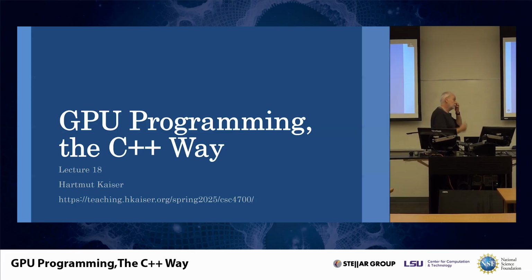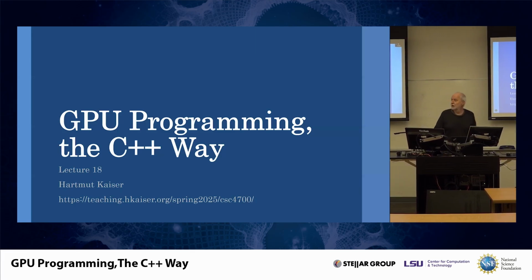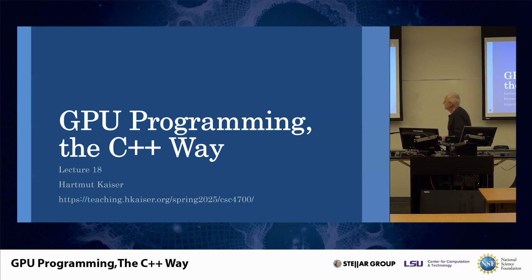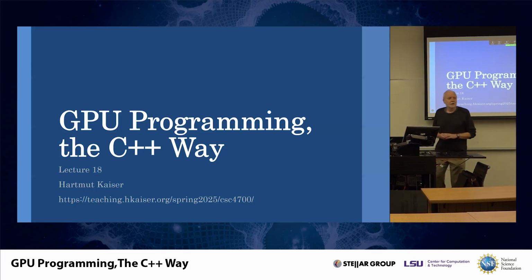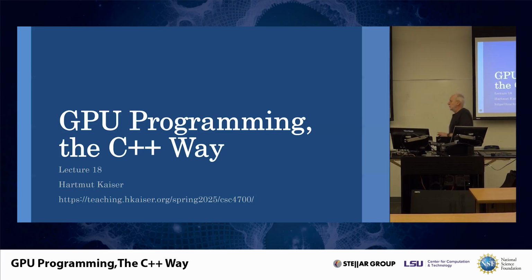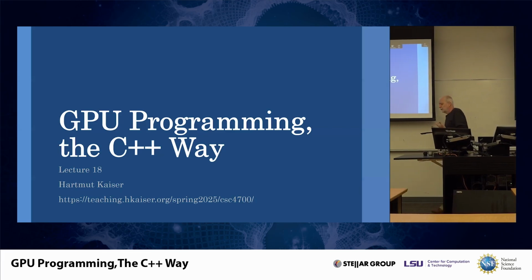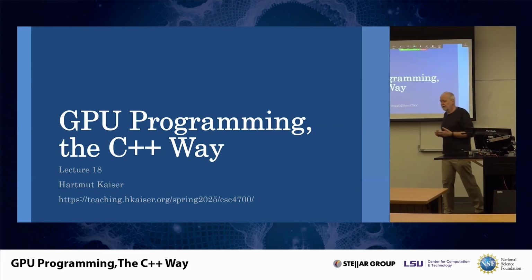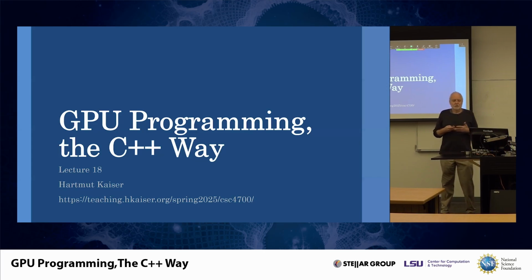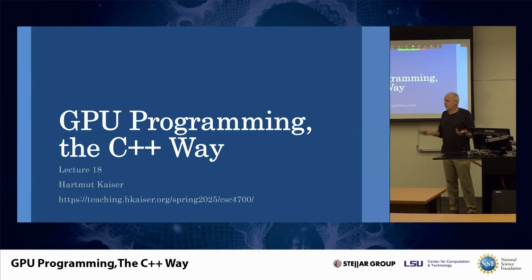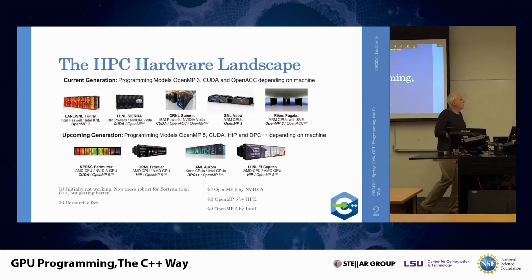And it will work either way. So that's why I called the lecture GPU Programming the C++ way, but it's more than GPU programming. It's a way of writing code that makes the code portable across different architectures, across different programming models.